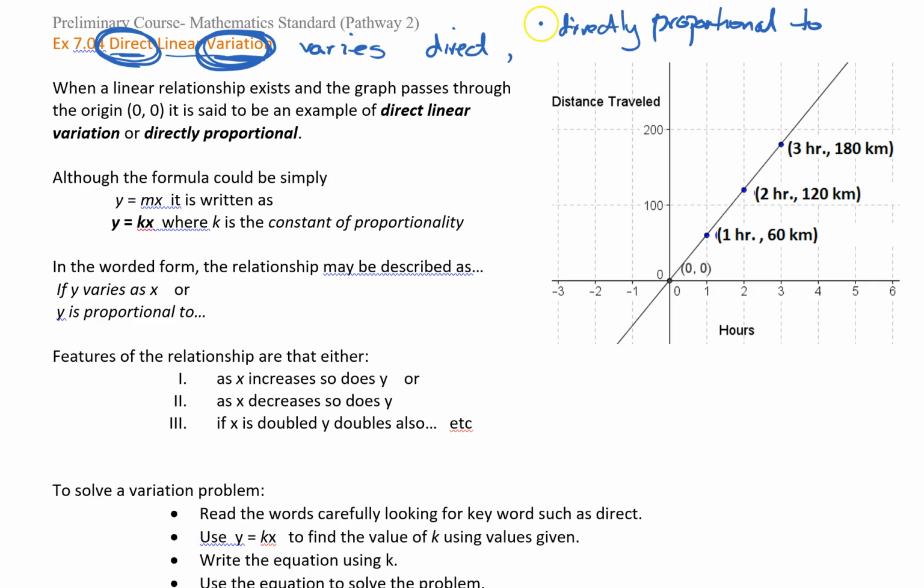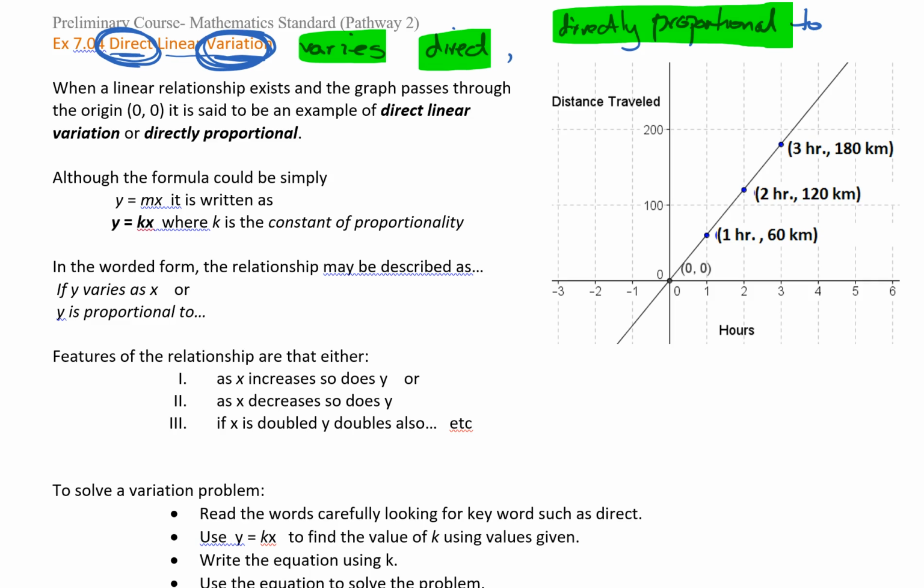So the pressure felt by the diver was directly proportional to the depth that he was diving. Directly proportional. It's as much about recognising key words in the question and then making a connection to the maths based on those words.